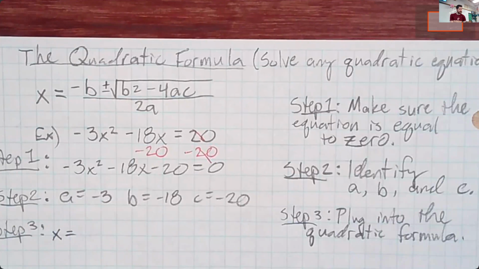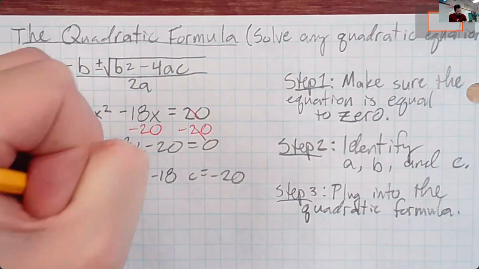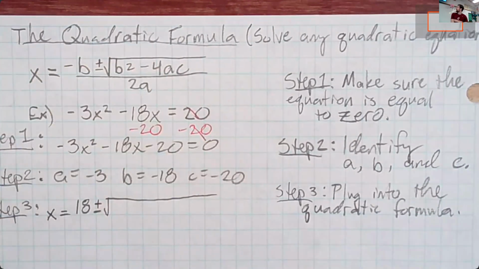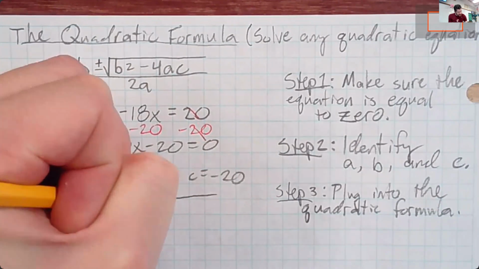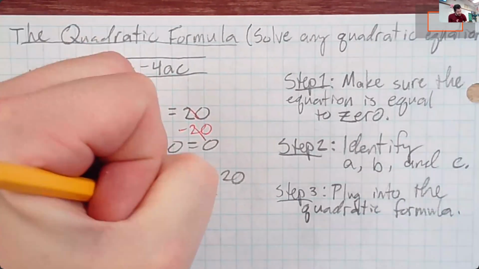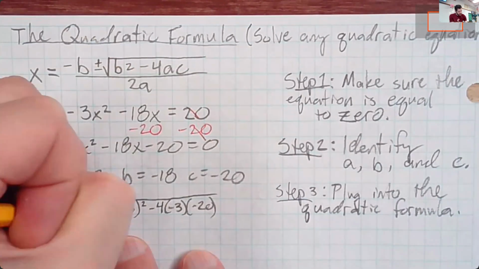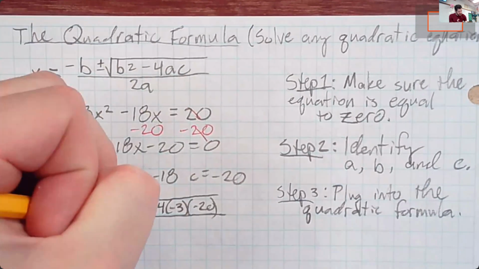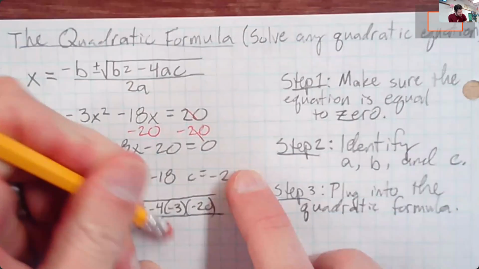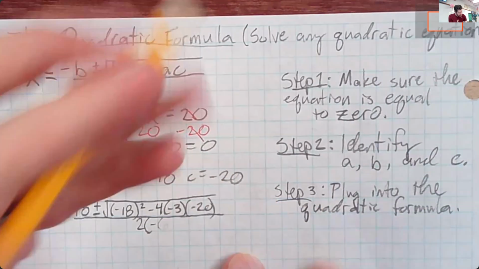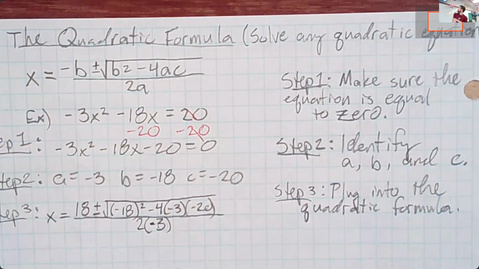The opposite of B is 18 plus or minus the square root of, remember to use parentheses here, B squared would be -18 in parentheses squared minus 4 times A, which is -3, times C, which is -20, all over 2 times A, which is not -6, that's what's going to end up being 2 times -3. Right there. All right.